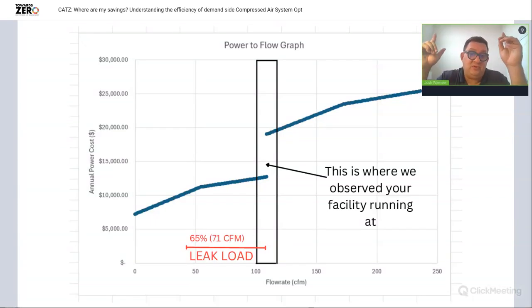Now, here's what else I thought was really interesting here. This is another case of the difference between pressure-driven and flow-driven. In a system where the pressure is being held constant, the compressor or compressors will load and unload to maintain that constant pressure or pressure band.